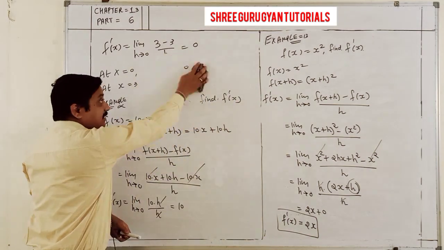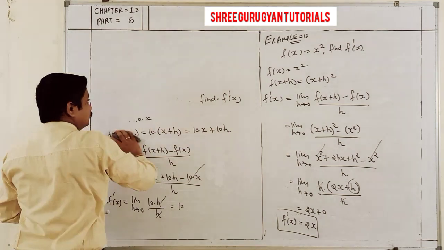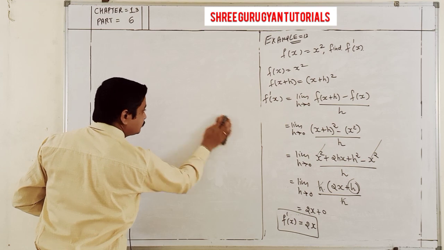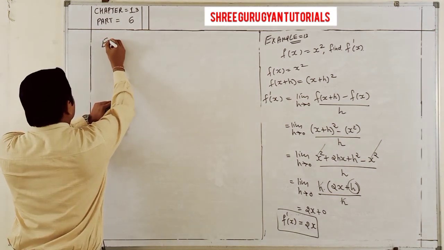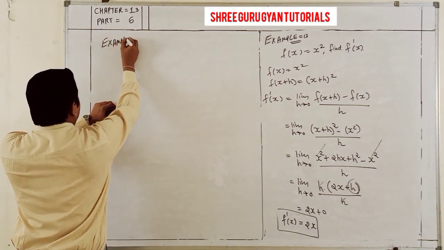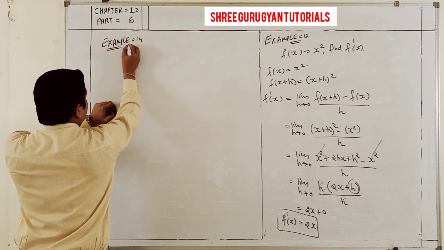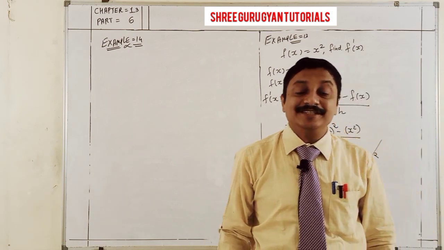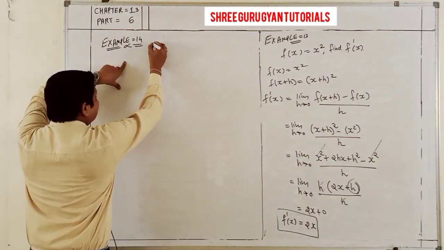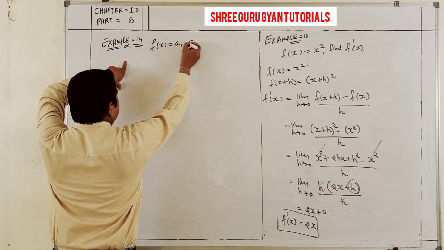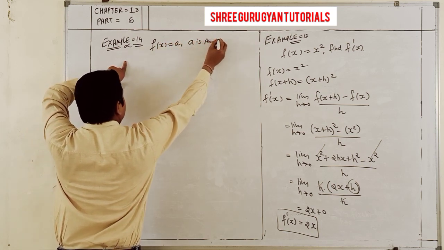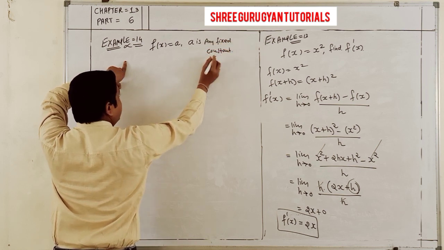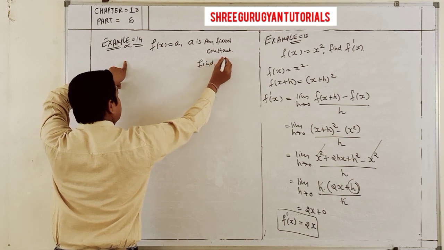Now continue with example 14. That also runs the same way. Now in 14 your function is f(x) is equal to a. It is constant. f(x) is equal to a, a is any fixed constant. Then find its derivative f dash x.